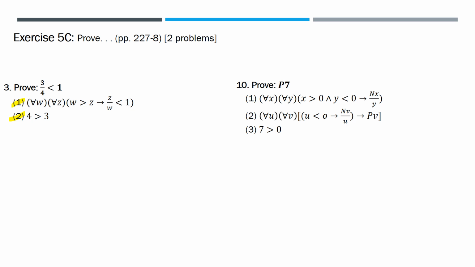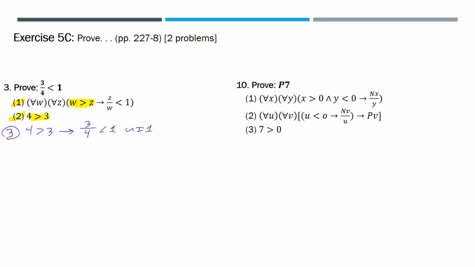At any rate, we're told that 4 is indeed greater than 3, and that is really what we should substitute in terms of the W and the Z. For line 3, we can say W is 4 and Z is 3, and 4 is greater than 3. Arrow, 3/4 is less than 1 by the universal instantiation of line 1.